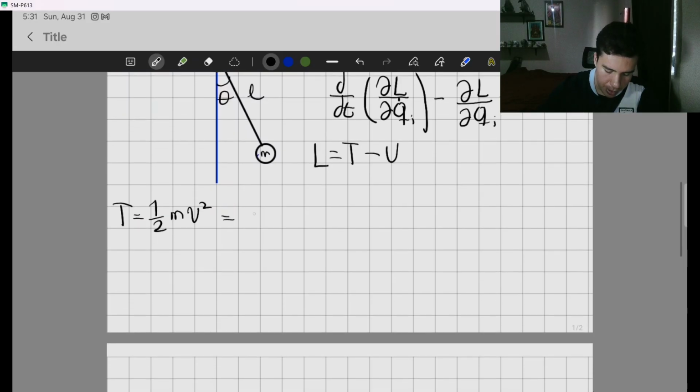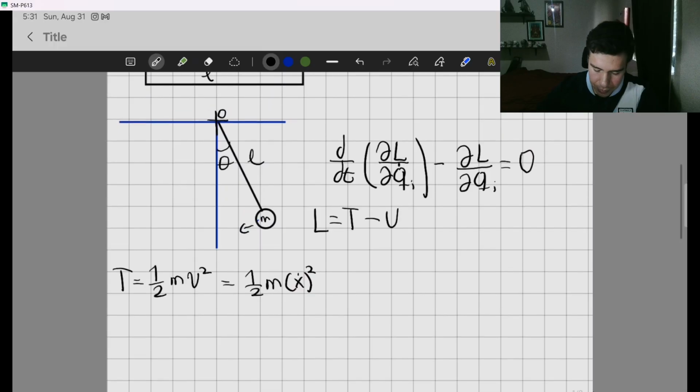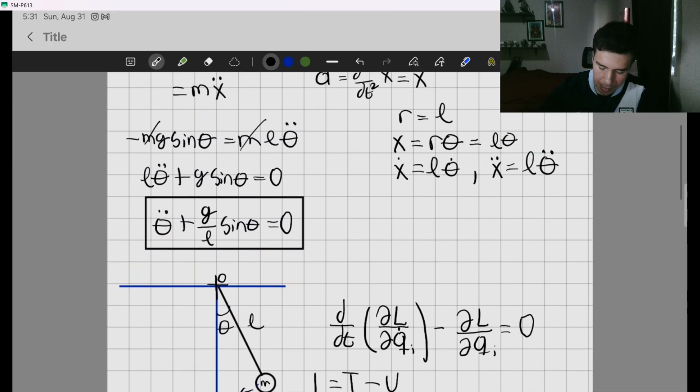I will be rewriting this as m x dot squared, because it will just be moving along the x direction considered. We will be using the equations that we considered before for changing to polar coordinates.